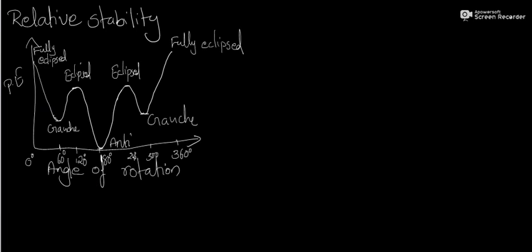In anti-conformation, there is no repulsive interaction between the hydrogens and substituents. Here we know that Gauche form is also a staggered conformation, but it has torsional strain, so it has slightly higher energy than our anti form.